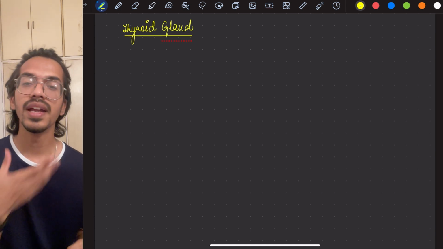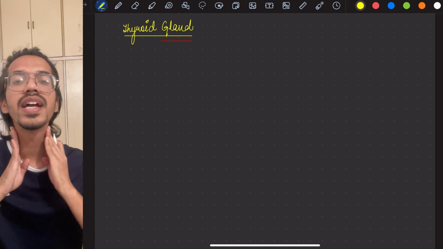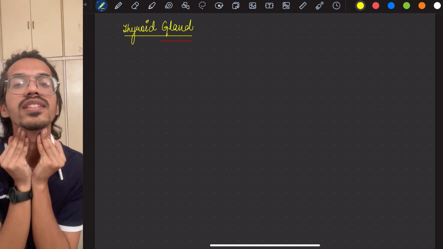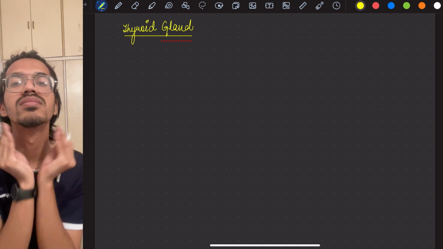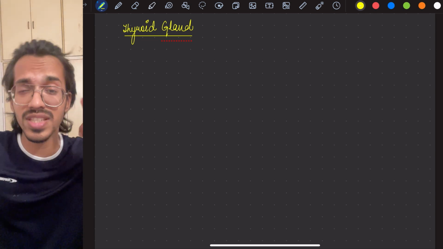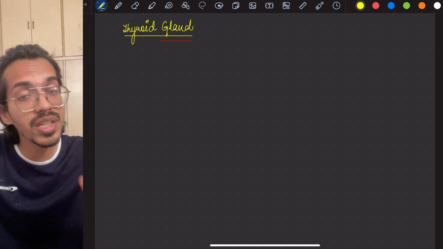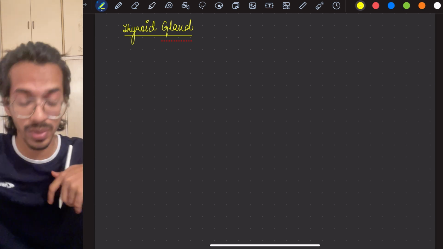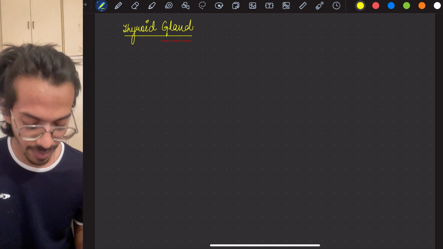It is present on the lateral sides, from this side to this side, and here it is joined. This structure is called the isthmus. We have studied the isthmus in the female reproductive tract also. So remember the same word is coming back again.